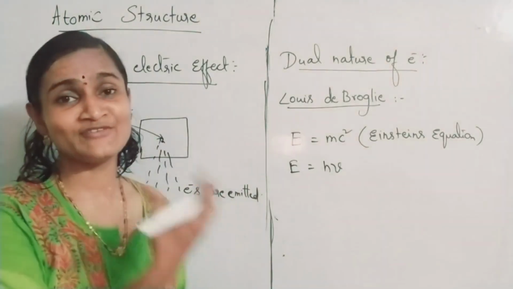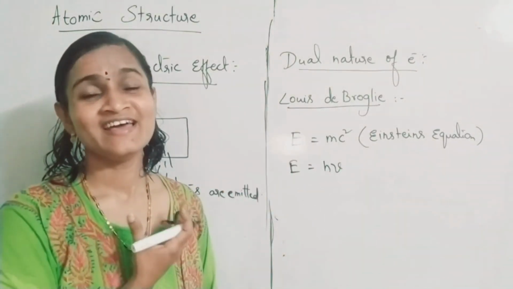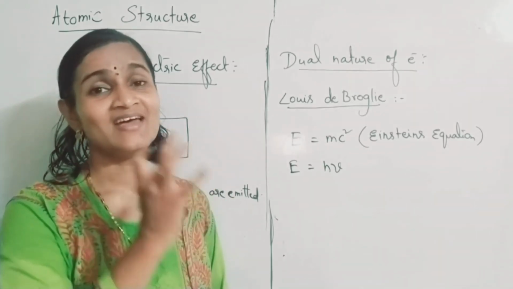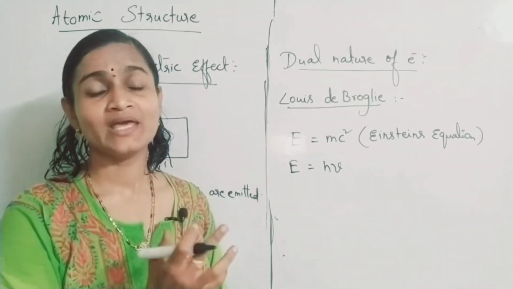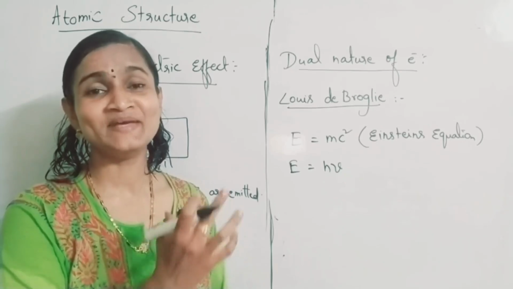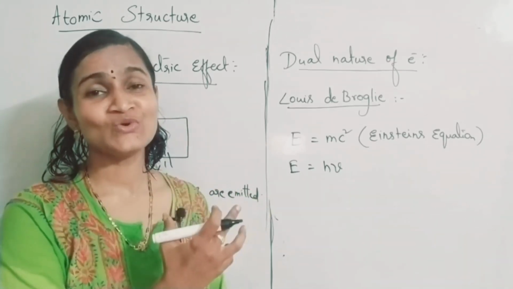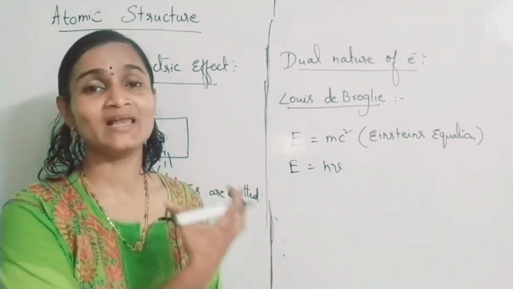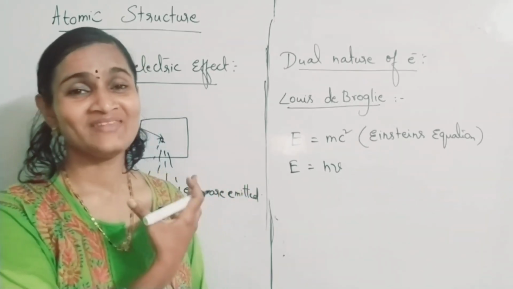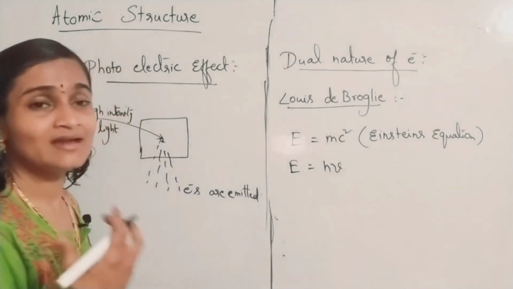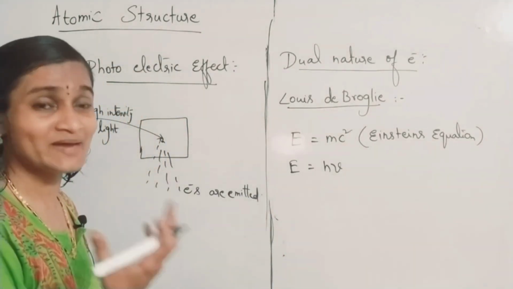This also was given elaborately in my dual nature of electron video. Only one video is there, very elaborately. All your doubts can be clarified even if you watch that video also. This is like a crash course, so I'm going through all the topics a little bit faster. You can watch my previous videos so that you can definitely understand the concepts better.